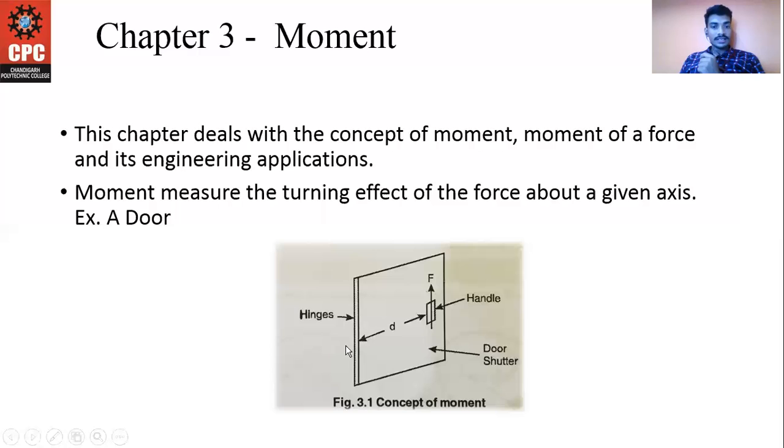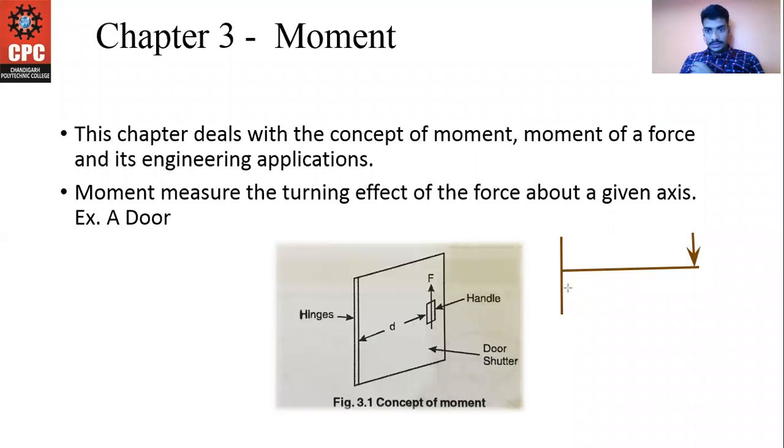Okay, let's take an example. Let me show you by drawing something here. Suppose this is something which is fixed here, and this is a beam or rod, or you can consider anything here. The load is acting over here. Now you have to calculate the moment about this axis. Let me draw it with different colors so that it is easy for all of you to understand this concept.